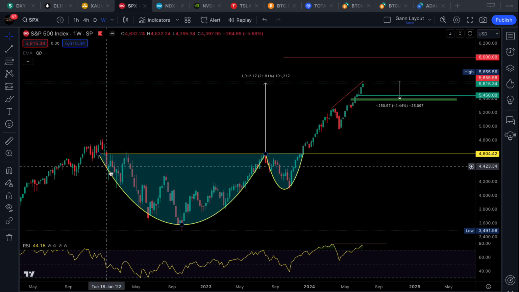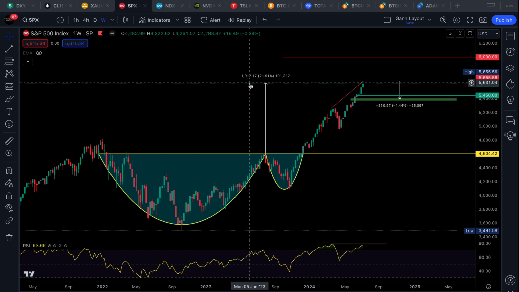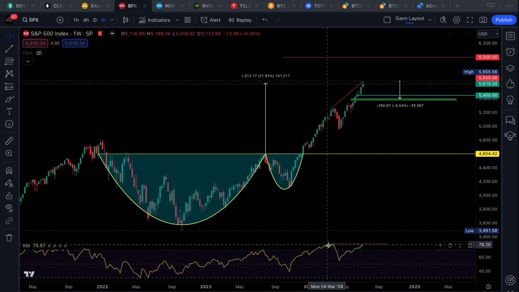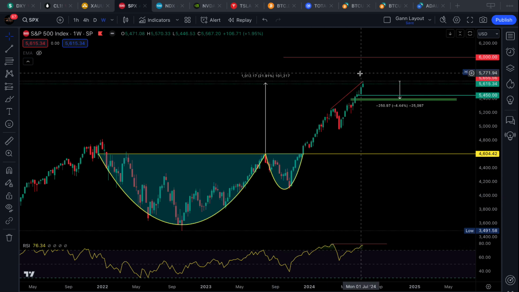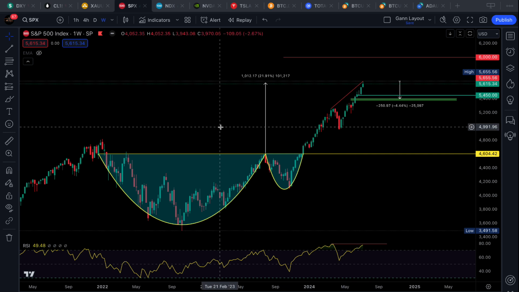See, it formed a beautiful cup and handle, simply beautiful, and it met the target. Now it's at the top. It's already showing bearish divergences, and I'm expecting a correction, initially a few percentage points, 4 or 5%, but possibly continuation a lot lower. The S&P looks like it's at the top.